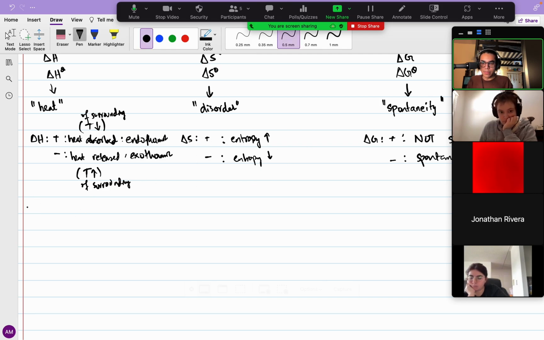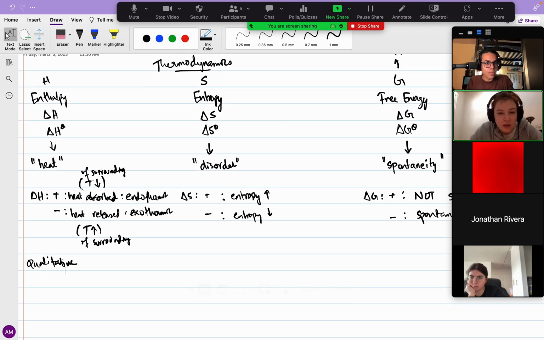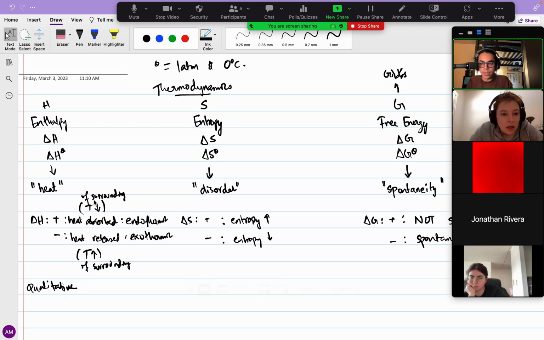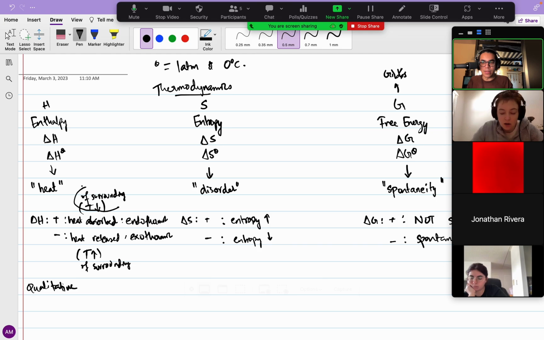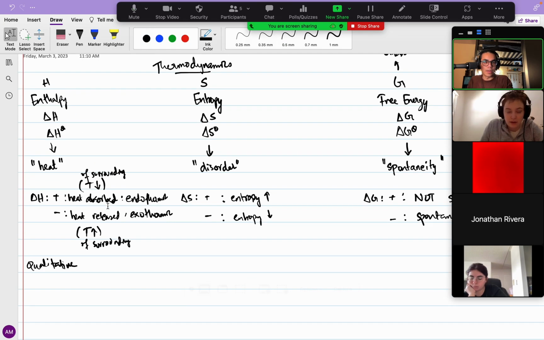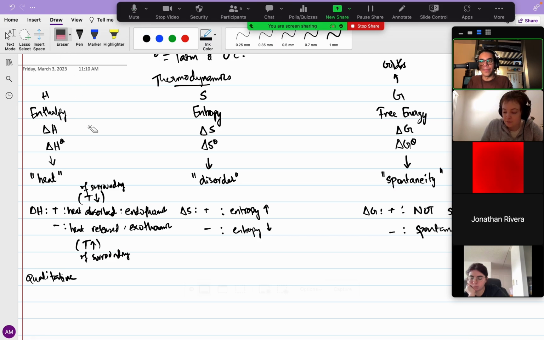So let's do some qualitative metrics. At the top of this, you had written something, and I couldn't quite read it. Above the G. Gibbs. That's where the letter G comes from. Gibbs free energy, yeah.